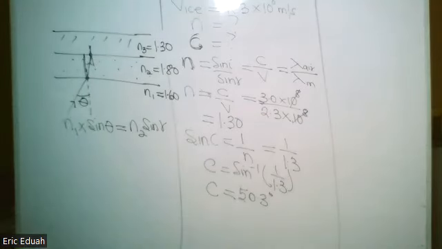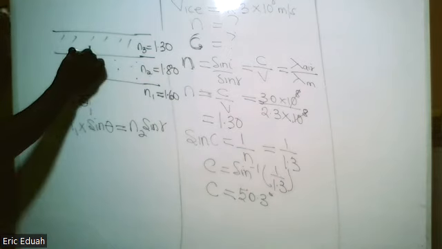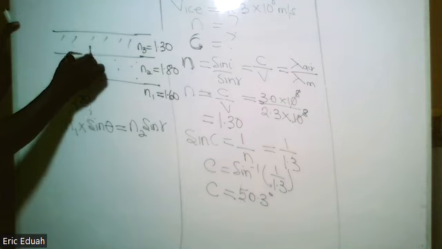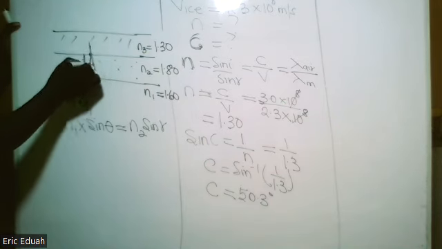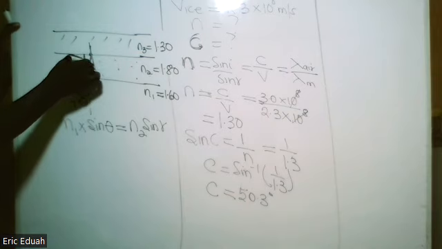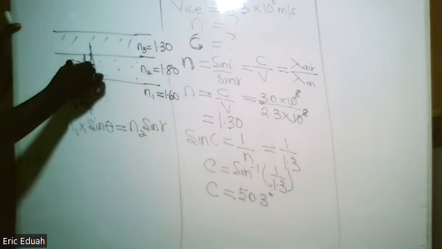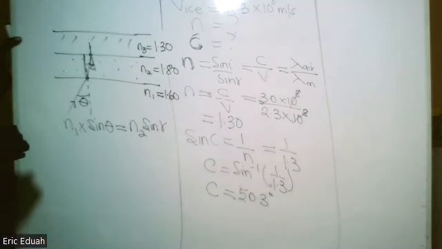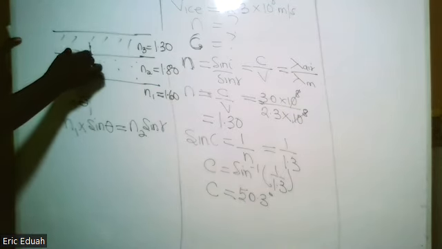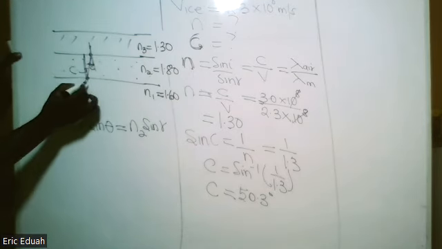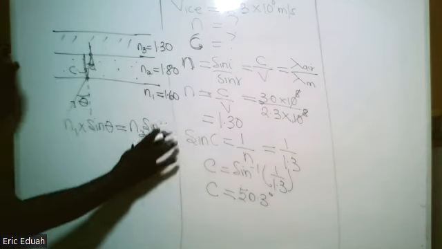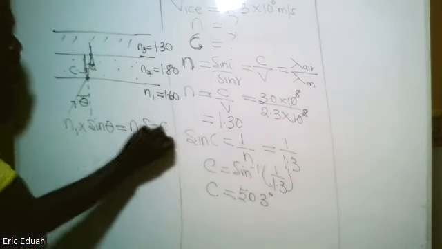So this light crosses and is incident on the interface between material 2 and 3, at the critical angle. So this is C. Now if this is C, because this angle and this angle alternate, this will also be C. So the angle of refraction in material 2 is also equal to the critical angle.